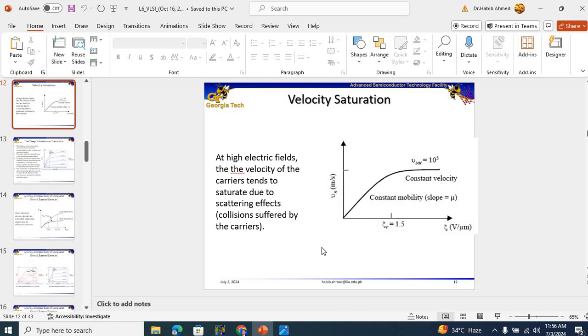Particularly if we are talking about 100 nanometers or 45 nanometers channel length, we are actually talking about short channel devices. Now, the dynamics of short channel devices are totally different as compared to long channel devices. And here is the primary reason for that.